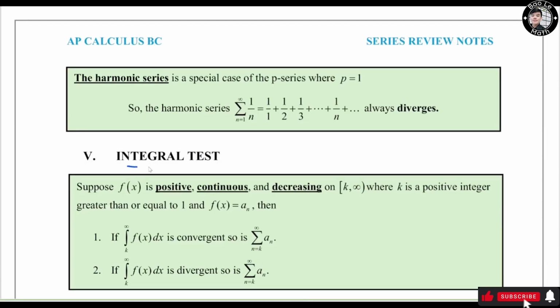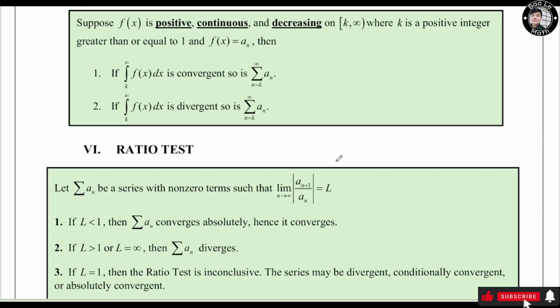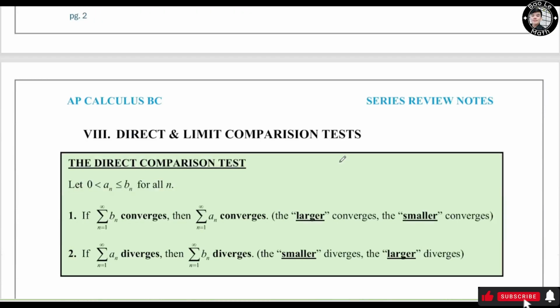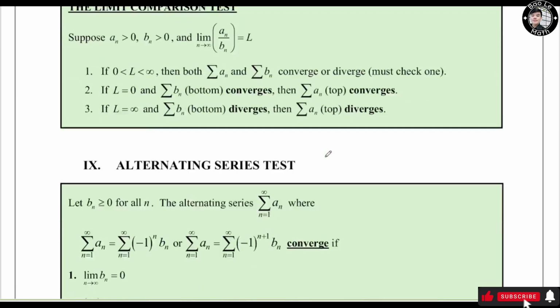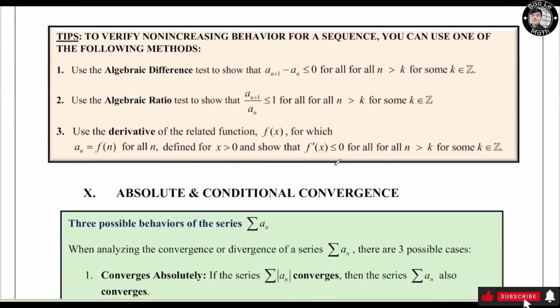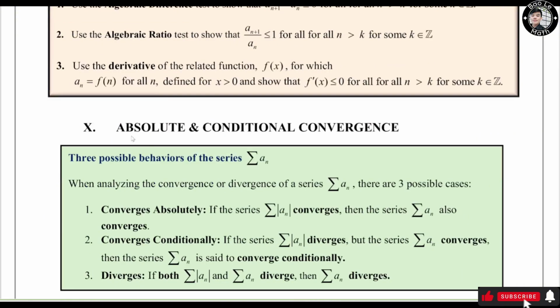Then the integral test, the ratio test, the root test, the direct and limit comparison tests, the alternating series test, and the last one, absolute and conditional convergence.